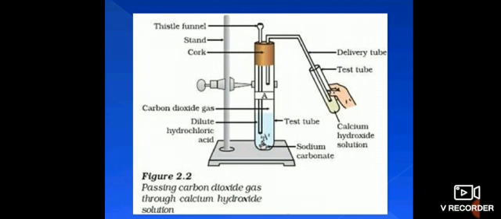Passing carbon dioxide gas through calcium hydroxide solution. Dear children, set up the instrument as shown in the figure.